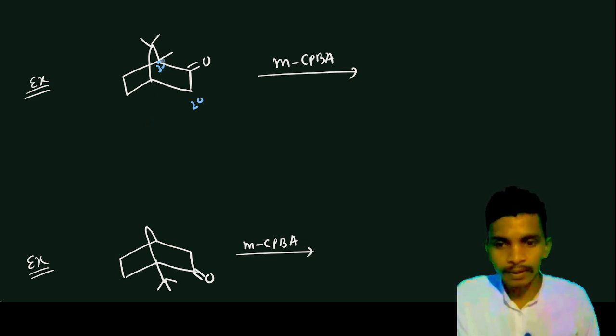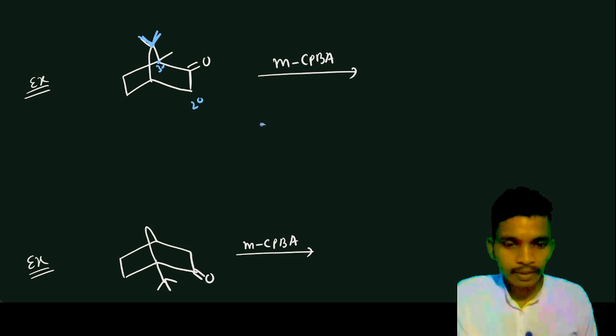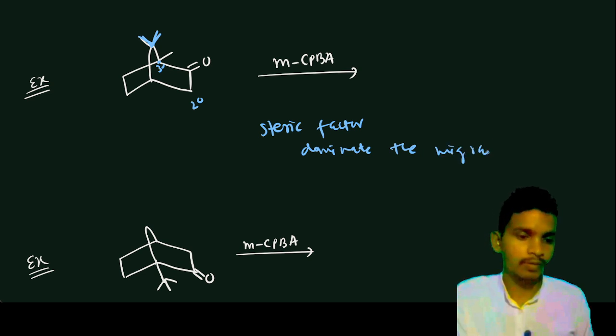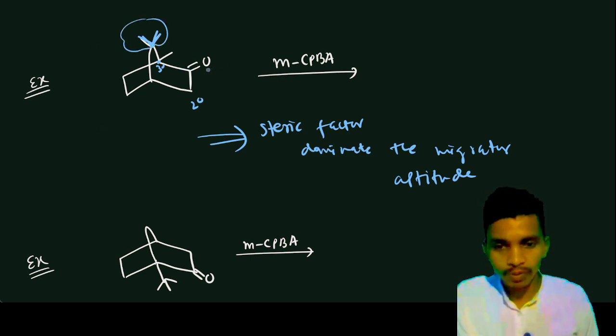But if the 3-degree has this type of high steric hindrance, in that case the steric factor will dominate the migratory aptitude. What I mean is, if this is highly sterically hindered, then what will happen is that the O will not be added here, O will be added here.